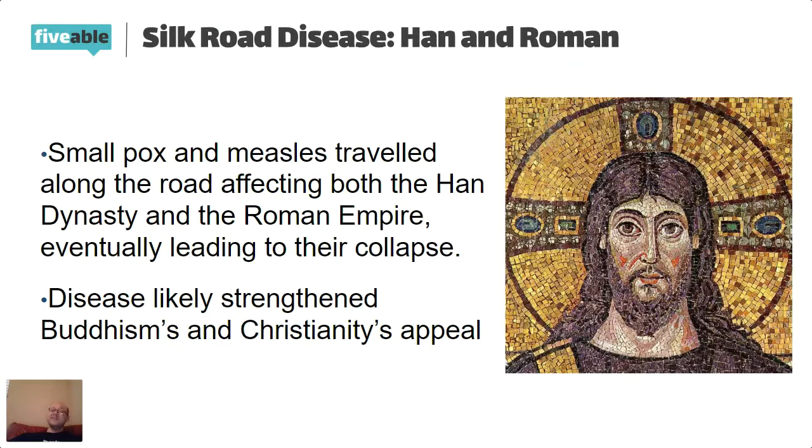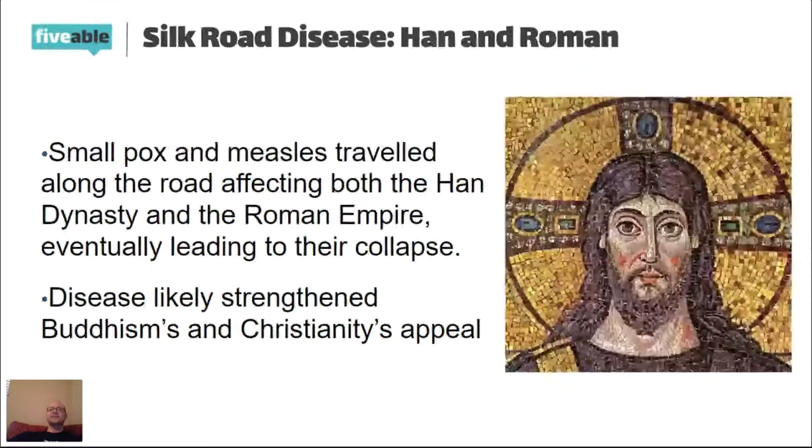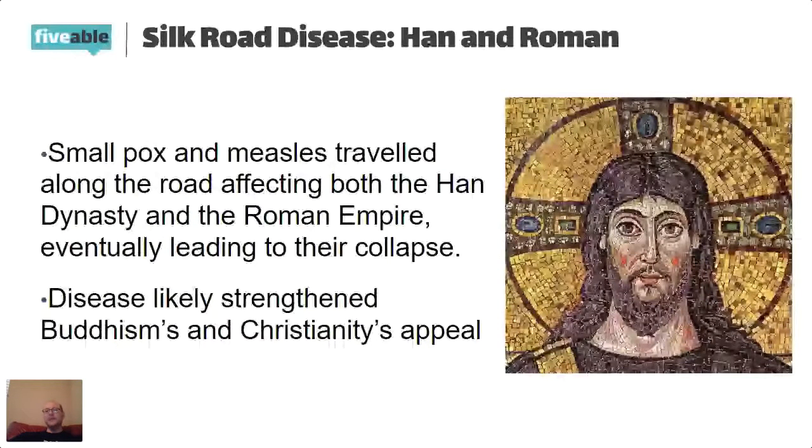Also, the diseases that travel along these trade routes likely strengthen Buddhism and Christianity's appeal. So why would disease such as smallpox and measles strengthen people's appeal towards Buddhism and Christianity?